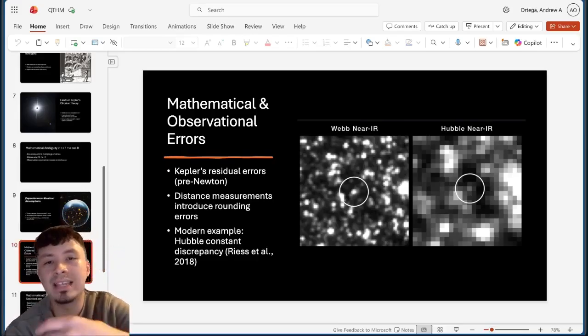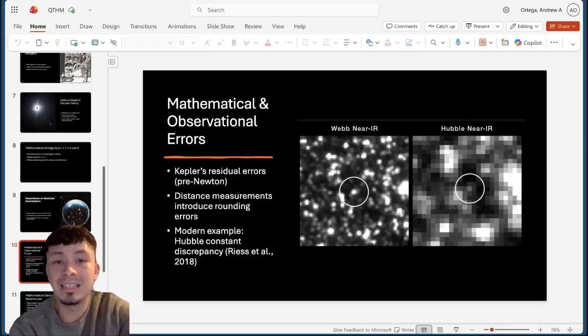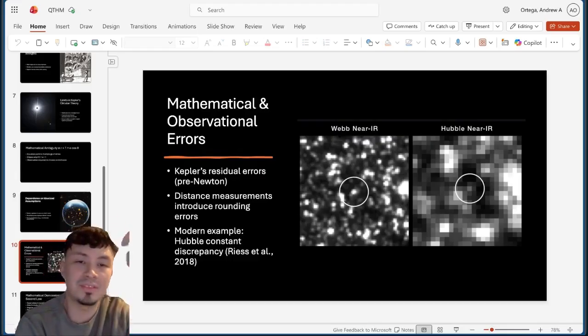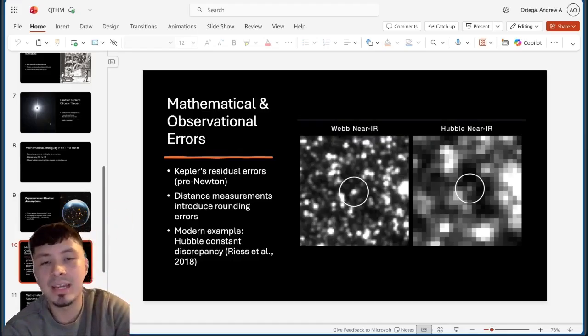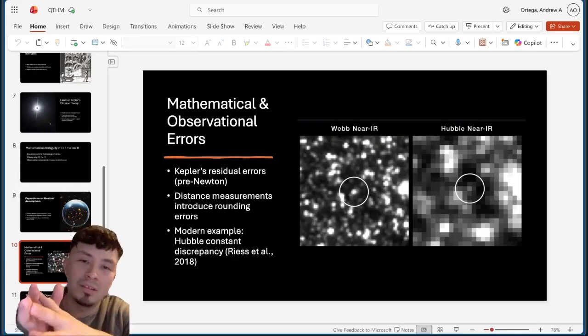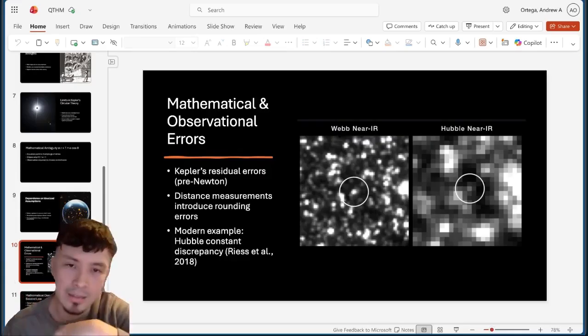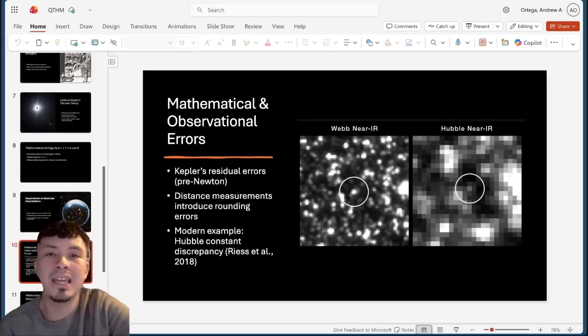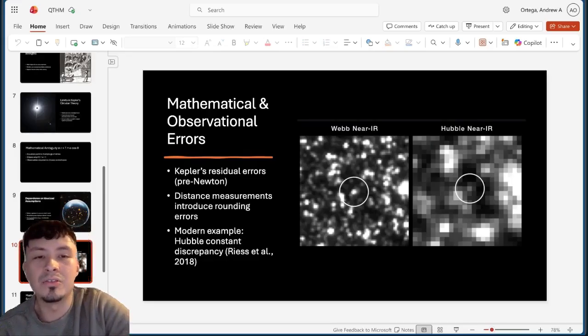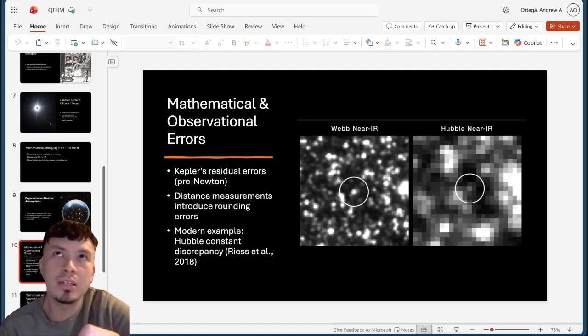And the modern example of that error is the Hubble constant discrepancy. They keep having errors in a way; for example, even Kepler in his final models contained small errors because he lacked a physical explanation, like the Newtonian gravity.